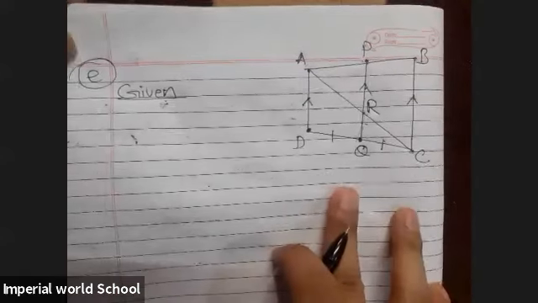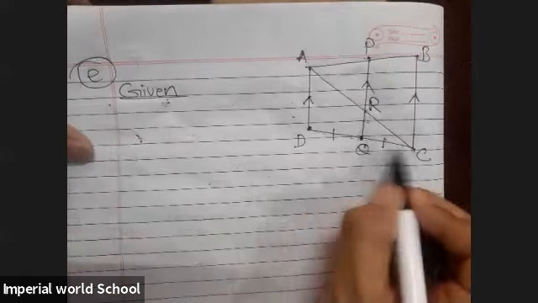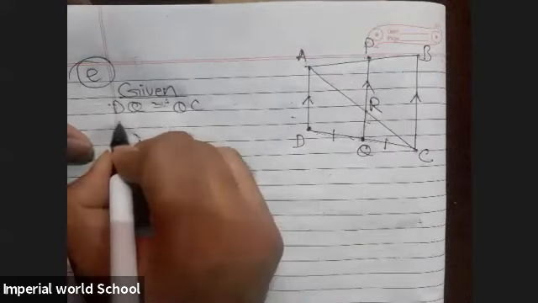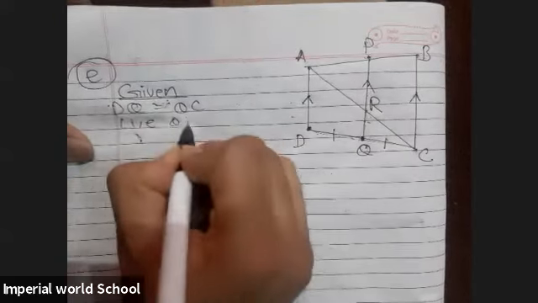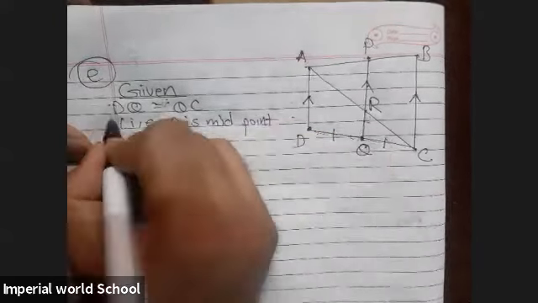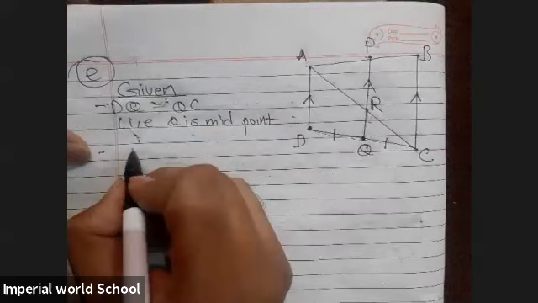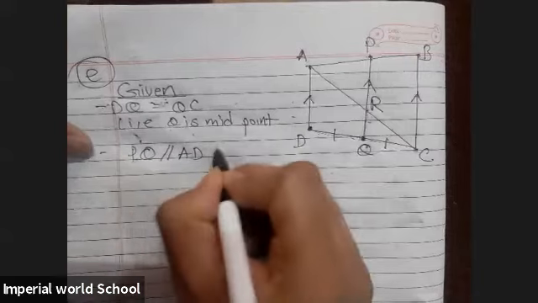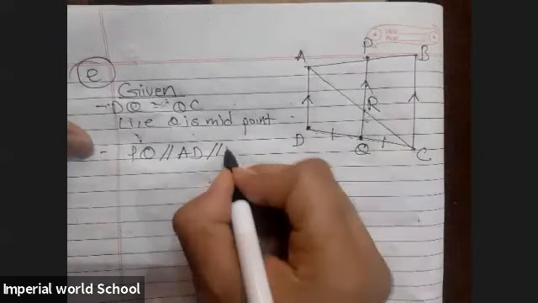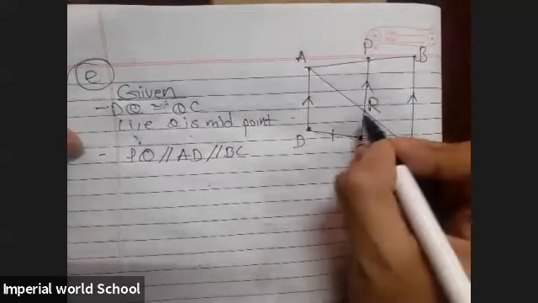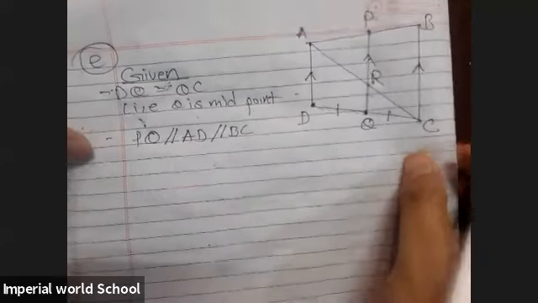Okay, in this question, the given is dq equals to qc, that q is the midpoint. This is one given, and the second given thing in this question is PQ is parallel to AD and also parallel to BC. So you can see this entire figure in two different triangles where R is the common point.